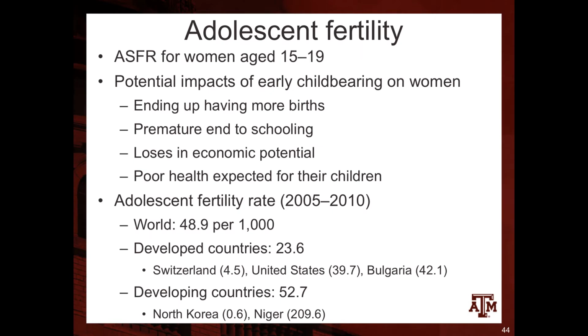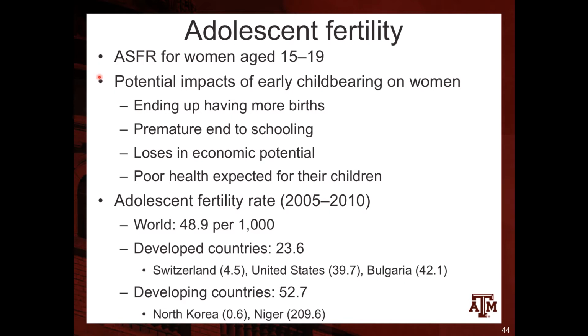In terms of adolescent fertility, here we are talking about the age-specific fertility rate for women between 15 and 19 years of age. And why do we pay attention specifically to this group of women between 15 and 19? Because when women have children at such young ages, it can have potential impacts on their life later on.